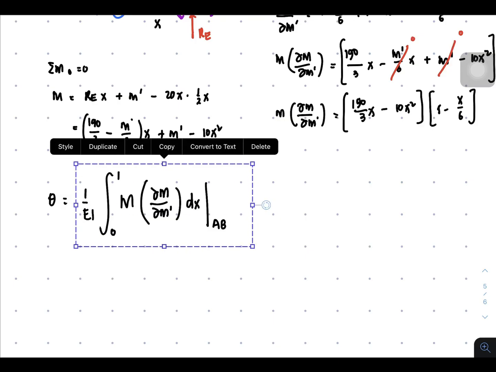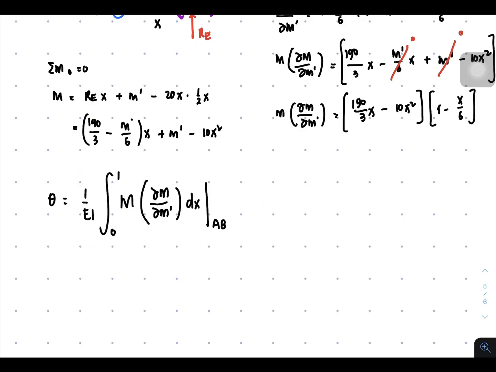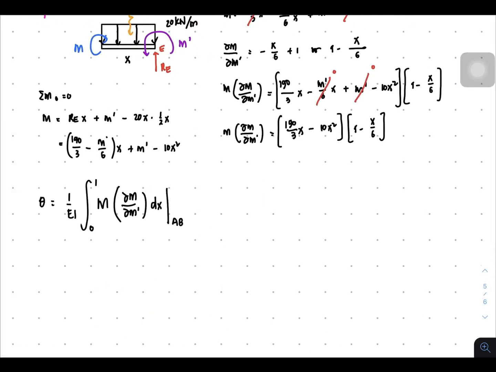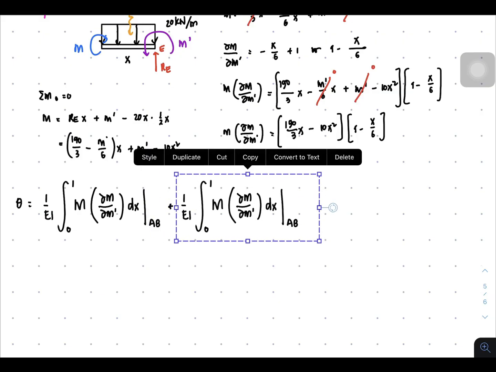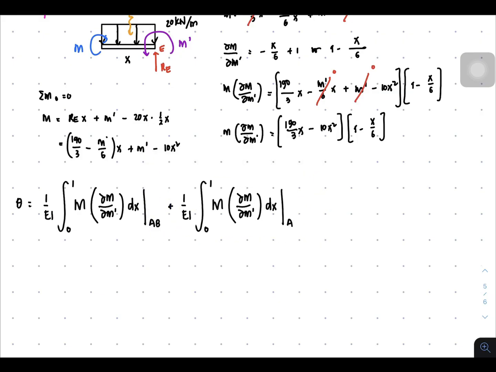So basically, let's just copy this for the other segments. And then let's proceed to the next one. This is for B to C, and the same limit 0 to 1 since B to C is 1 meter in length.